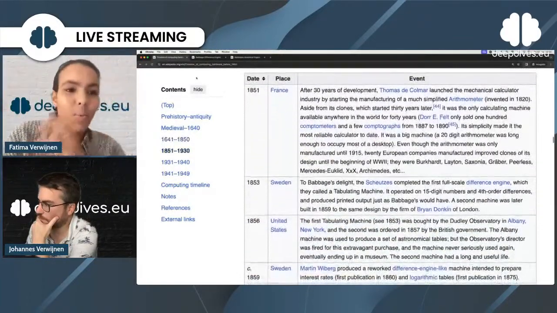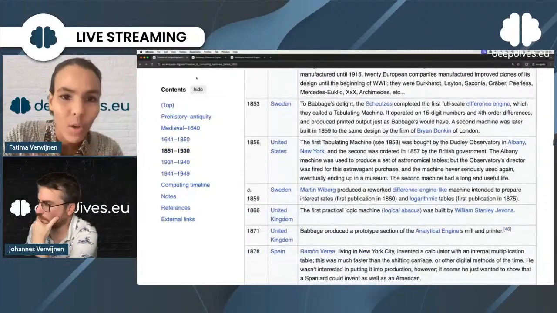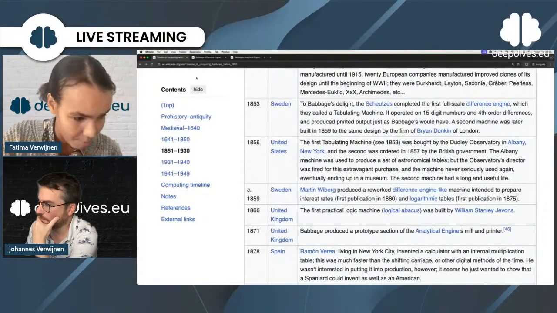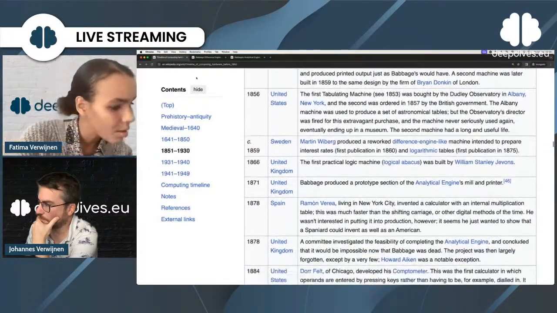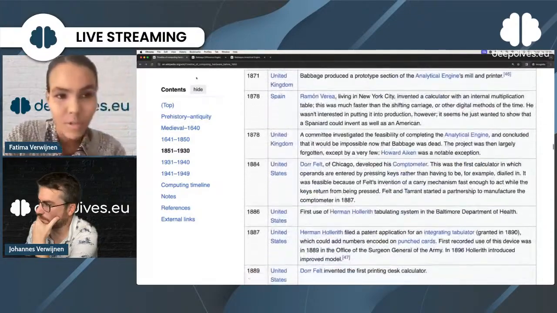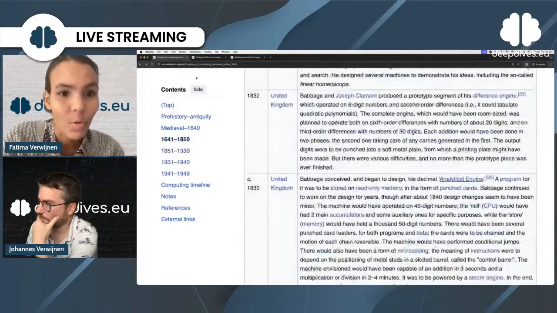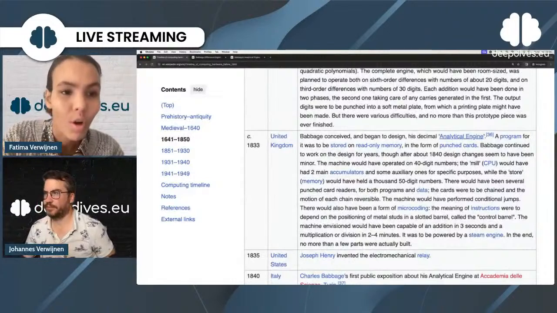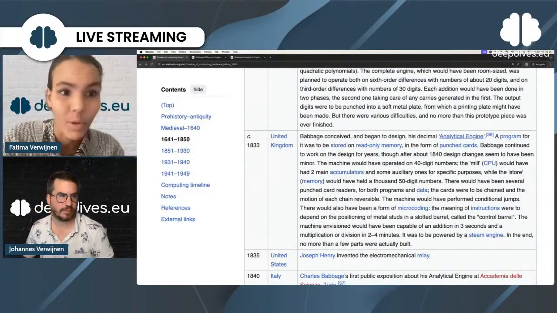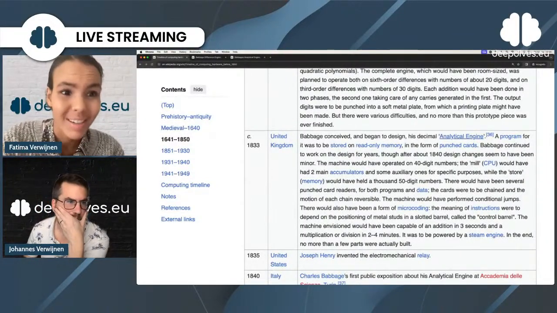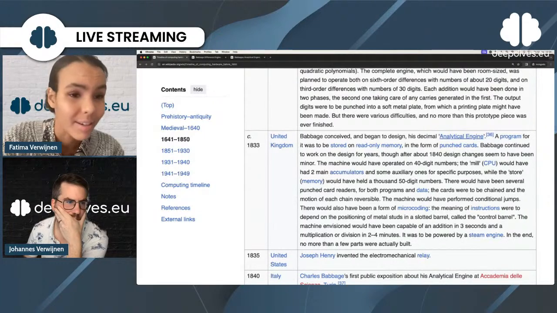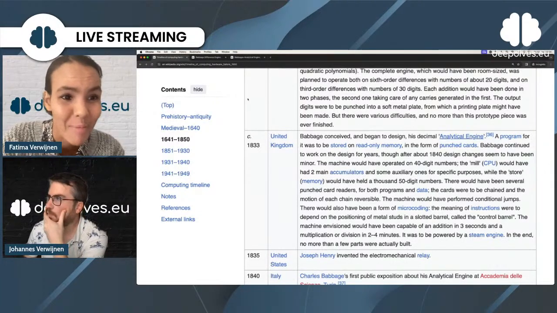We now know that the basic operations Babbage described would mean it could compute anything a modern computer could, which is great for a guy in the 1800s.